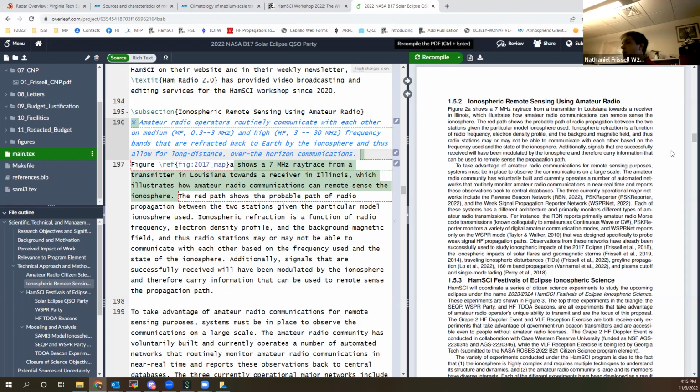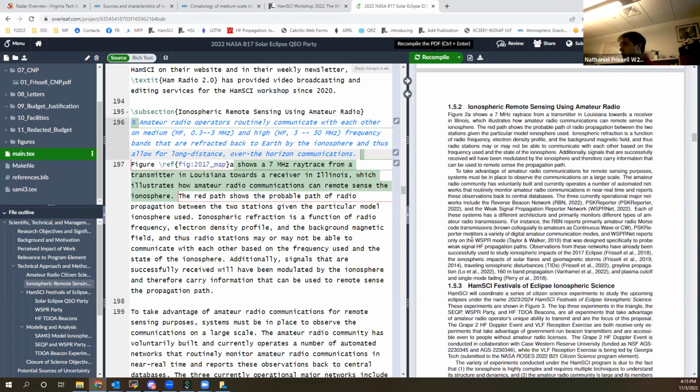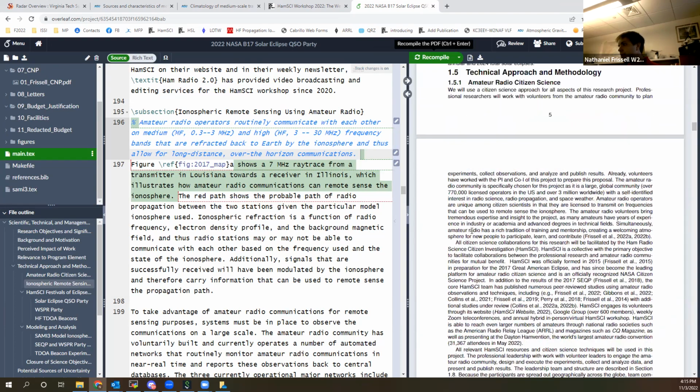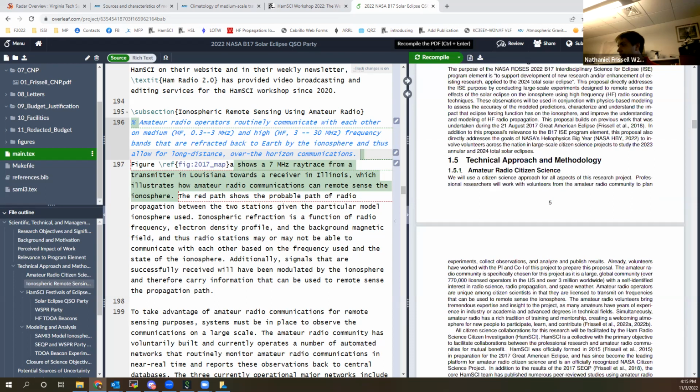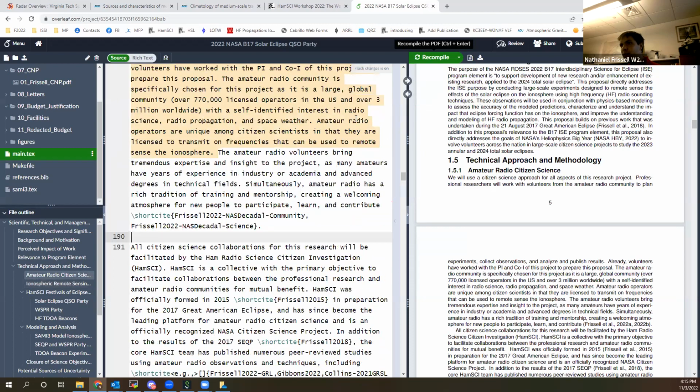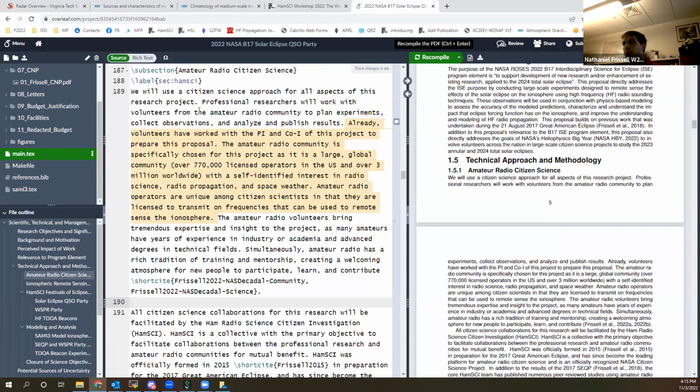Okay, great. Now, if we go back to Ward's point, I feel like we can address what Ward is actually getting at here, rather than just leave a comment. So we will use the citizen science approach for all aspects of this research project. Professional researchers will work with volunteers from the amateur radio community to plan experiments, collect observations, analyze, and publish results.